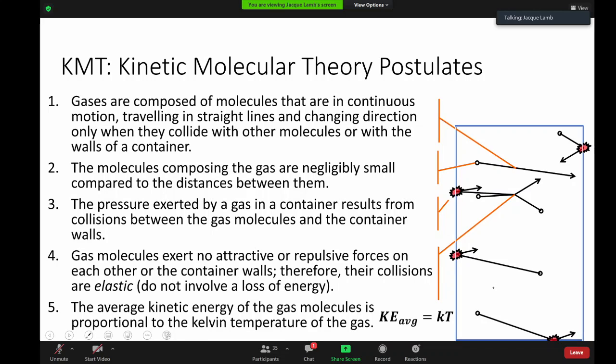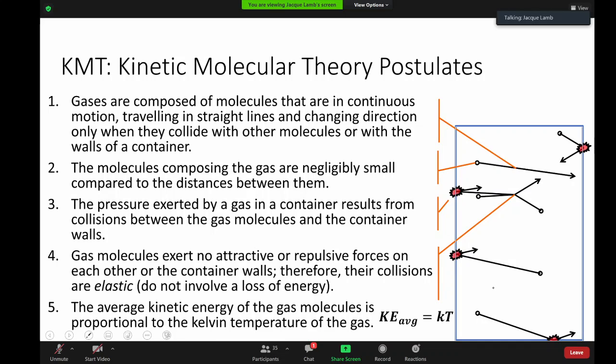The second postulate says that molecules of the gas are negligibly small compared to the distance between them. That's another way of saying what I stated before. Gases are mostly empty space. The size of the molecules is very small compared to the volume of the container.